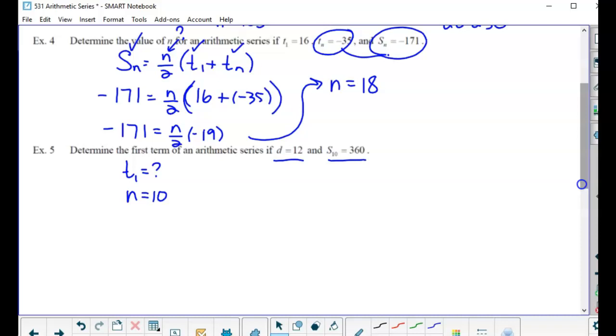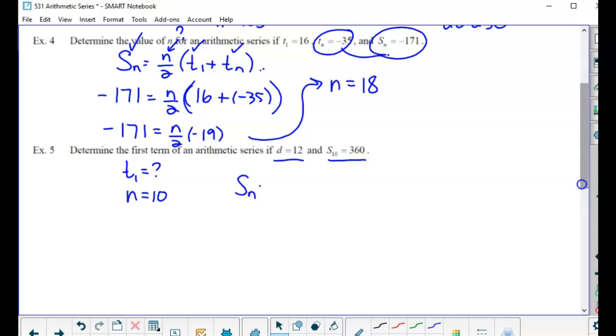So if you think about the first form of the formula, we would need to know the 10th term. But we don't know that, and we would need to know the first term in order to get it. So that's not going to be helpful for us.